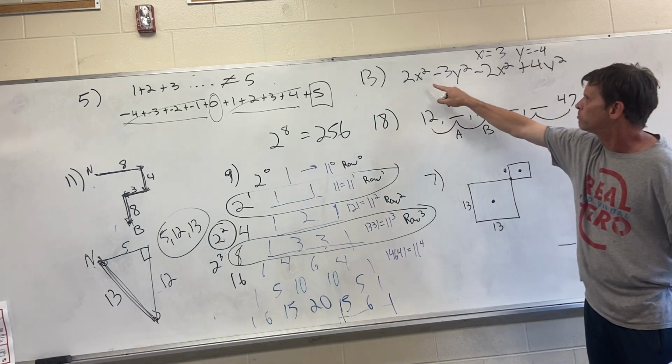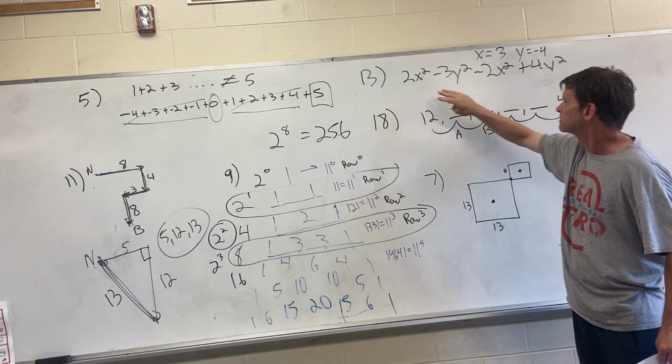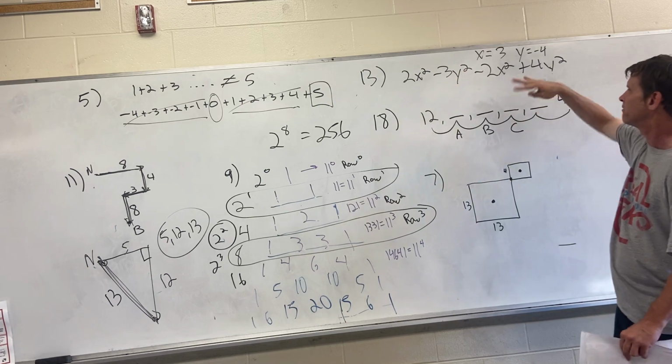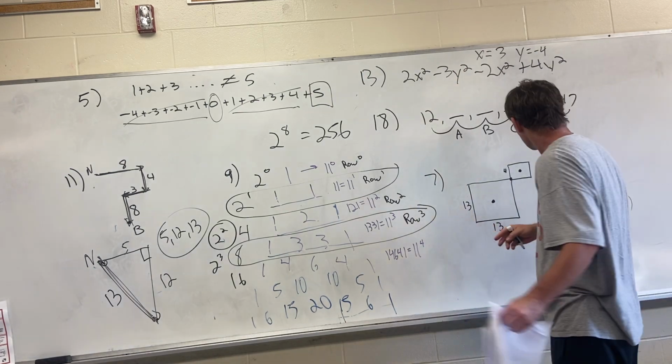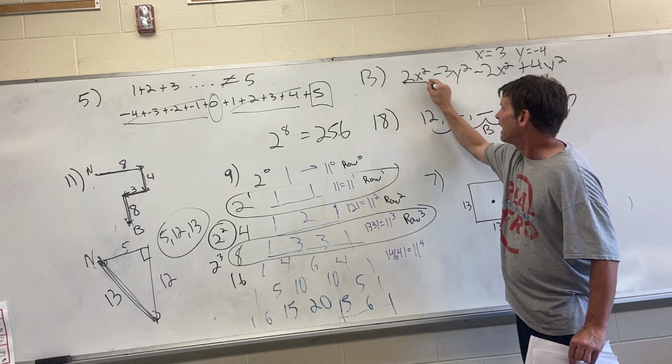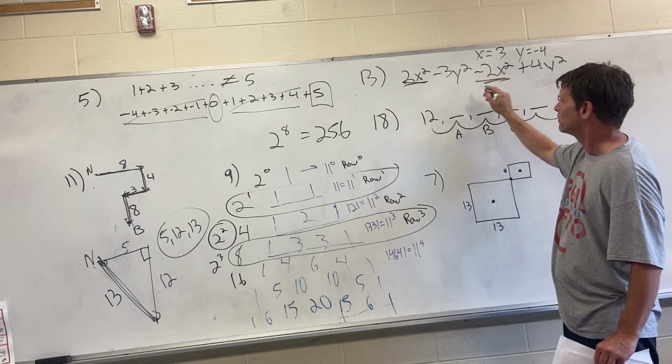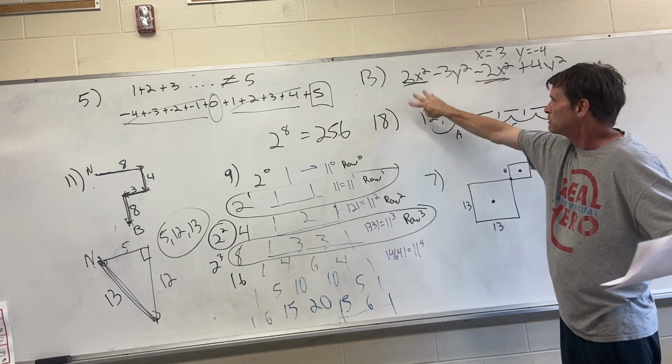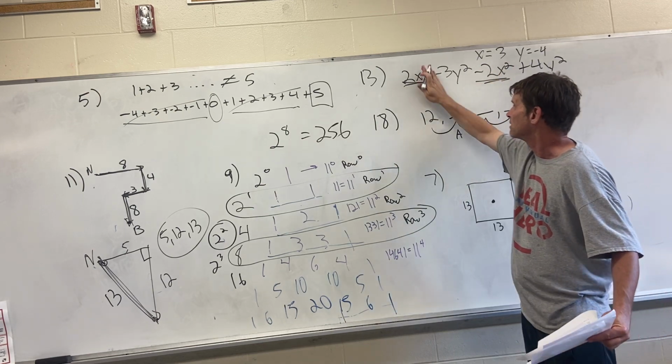Well, you might have started plugging in 3 for x, negative 4 for y, and figuring the whole thing out, which is great. You could do that. But I want you to notice, I have 2x squared minus 2x squared. 2x squared, take away 2x squared is nothing.